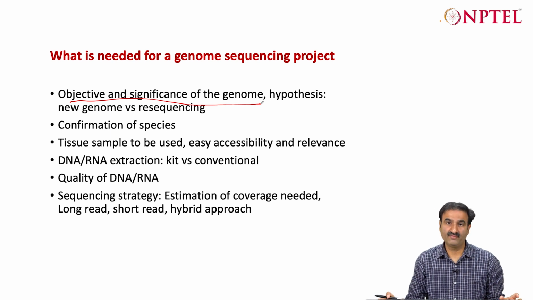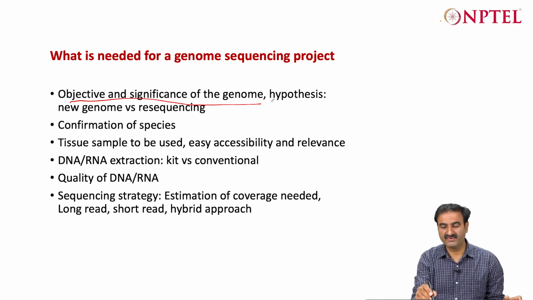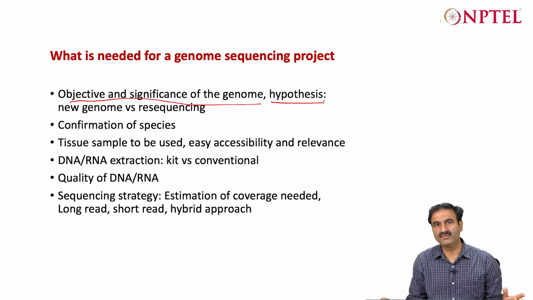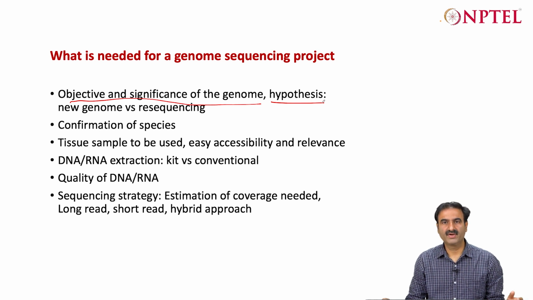So deciding what you are going to sequence, what your hypothesis is, why you want to sequence and what you are going to get out of it is very important. Because whatever you do, you will spend almost an equal amount of time, whether you choose a good genome for sequencing initially, or you pick something which was not so relevant at that point of time.